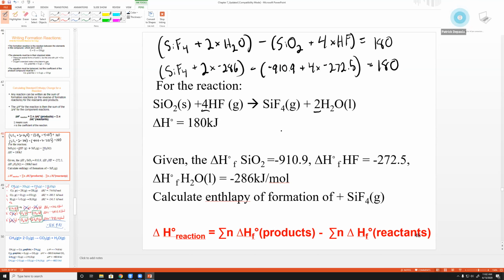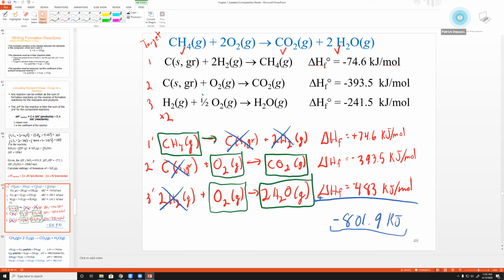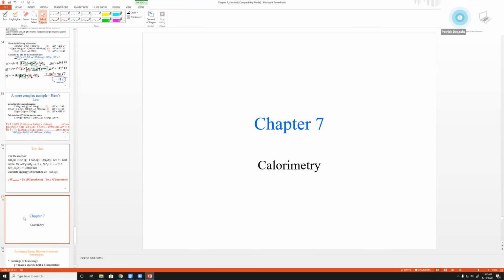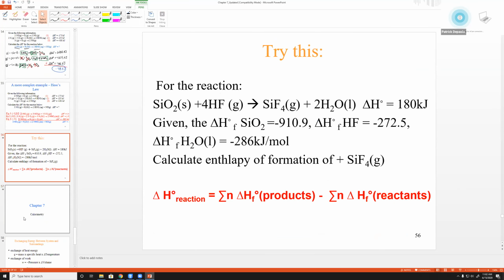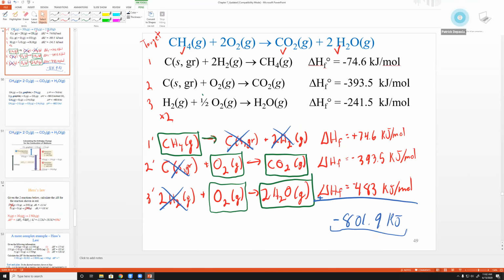And then you can solve for that. You solve for SiF4. You can add all these up and algebra it out, and you get something. I don't know what you get, but let's do it right now.